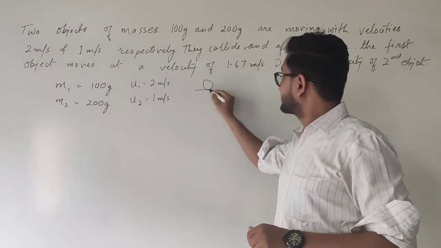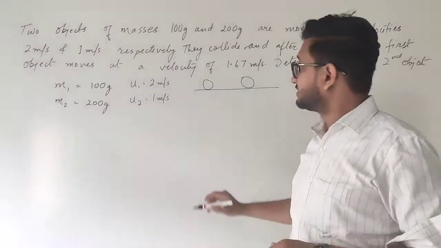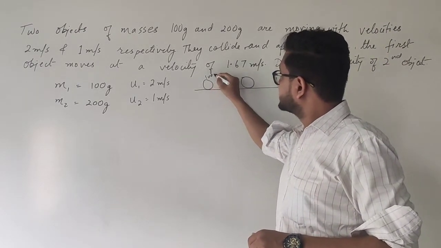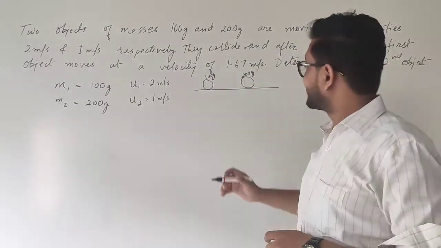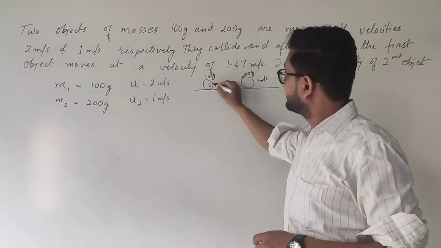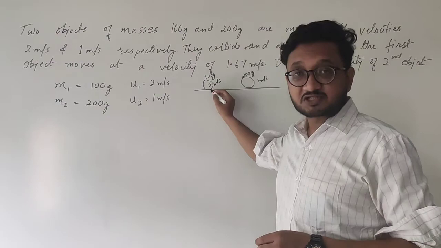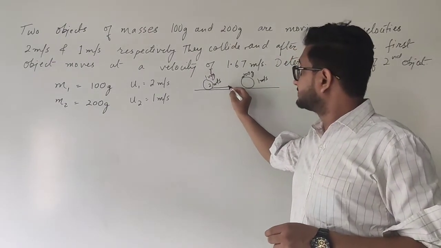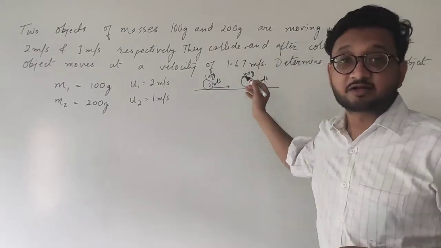This is the object M1 and this is another object M2. Okay, this is 100 grams, this is 200 grams. Okay, this is having velocity of 1 meter per second and this is having velocity of 2 meters per second. So obviously this object which is moving is going to come towards the second object, and then they are colliding.